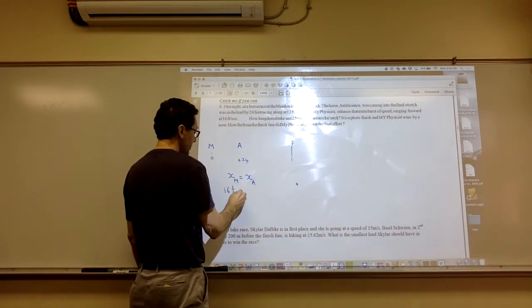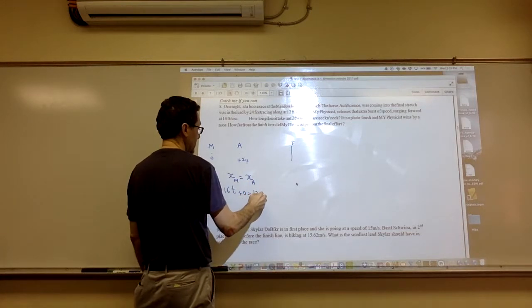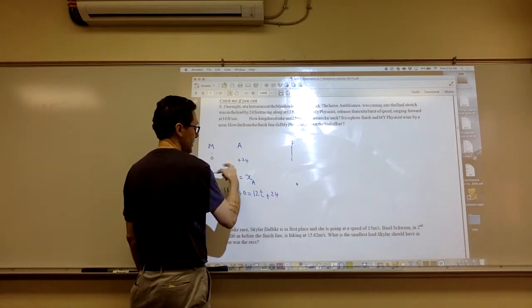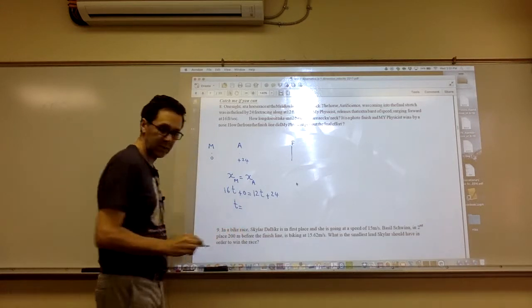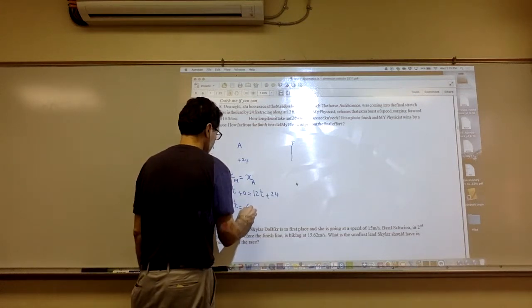And this one is starting from 0, so plus 0 equals Anti-Science is 12, the same amount of time, plus 24, because it starts at the positive 24 position. So if we do the math here, we get t equals 6 seconds. Okay?